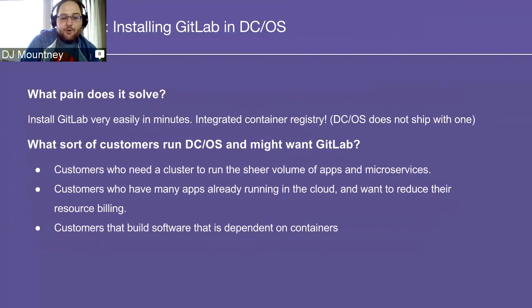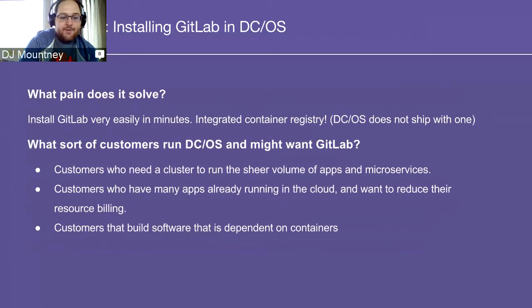Also, customers who already have many apps running in the cloud and want to reduce the resource billing. Because it treats your nodes just as computing resources and will stick multiple applications on the same resource as it sees there's room, people do report lower costs on services like Amazon versus booting up EC2 instances for each of their applications.